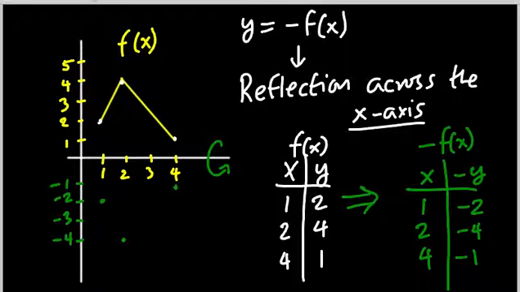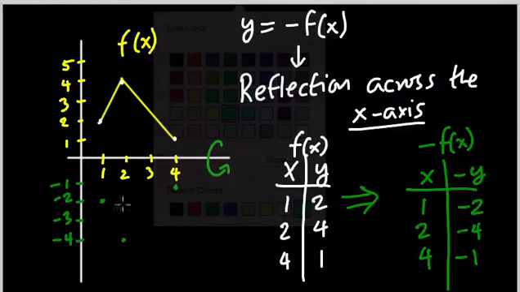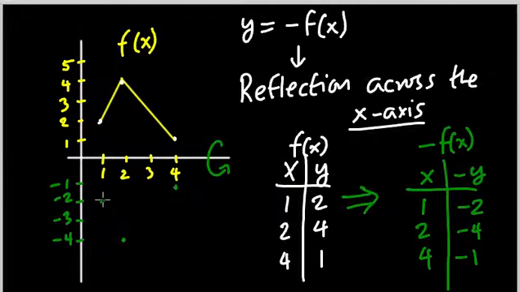And if I draw a line between them, let's use green. If I draw a line between them, that's what the transformed function looks like. And let's label this transformed function. This transformed function is simply -f of x.